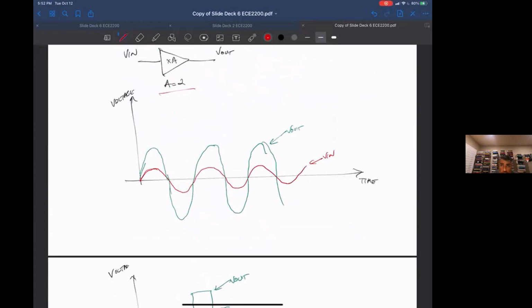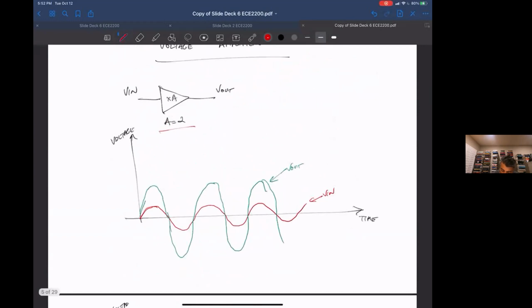Now, there are not really any typical values, but if you're familiar with operational amplifiers, these are amps that you put in feedback circuits. The gain here might be like 1 million, a huge gain.